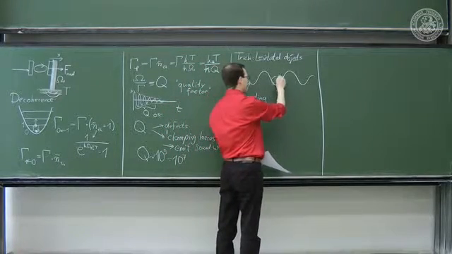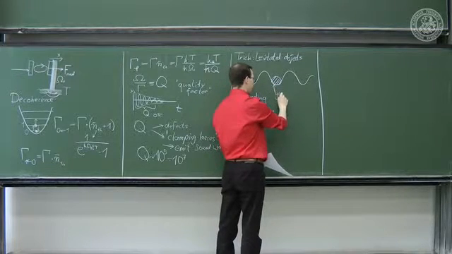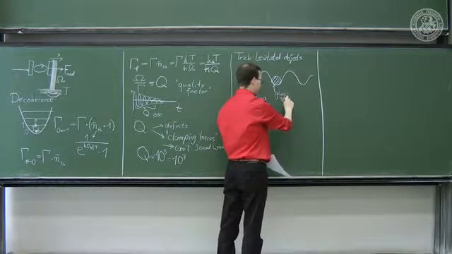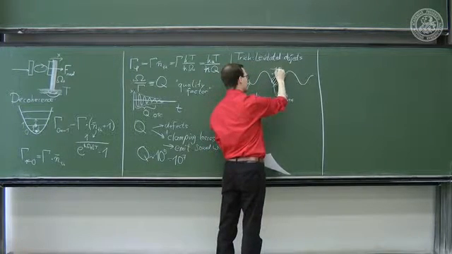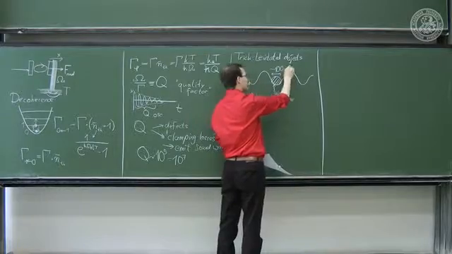So, for example, you can think of a small glass sphere. And the typical dimensions might be, say, on the order of 100 nanometers or something like that.